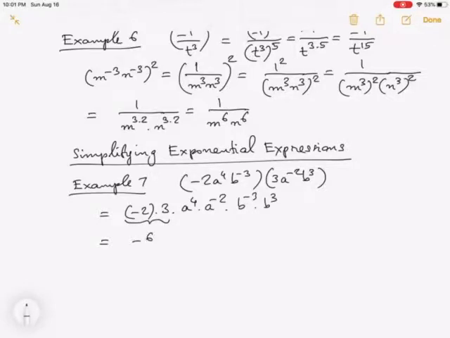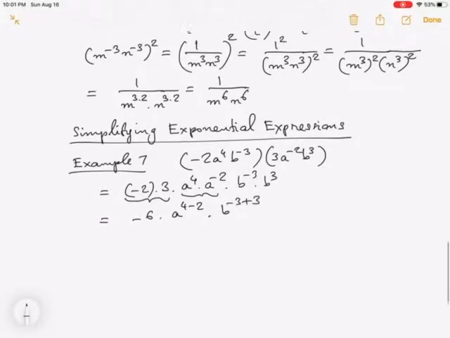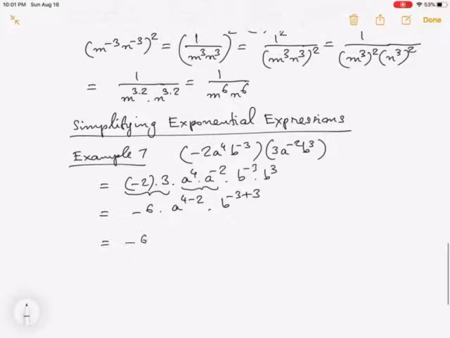Sorry. So this is minus 6 times a to the power 4 minus 2, and times b to the power negative 3 plus 3. So this is minus 6 a squared b to the power 0, but b to the power 0 is 1, so this is minus 6a squared.